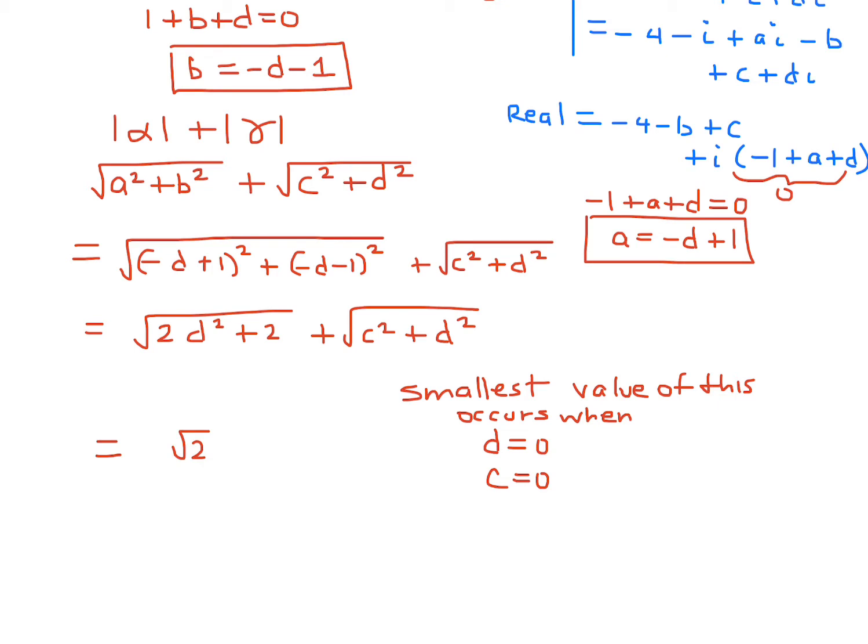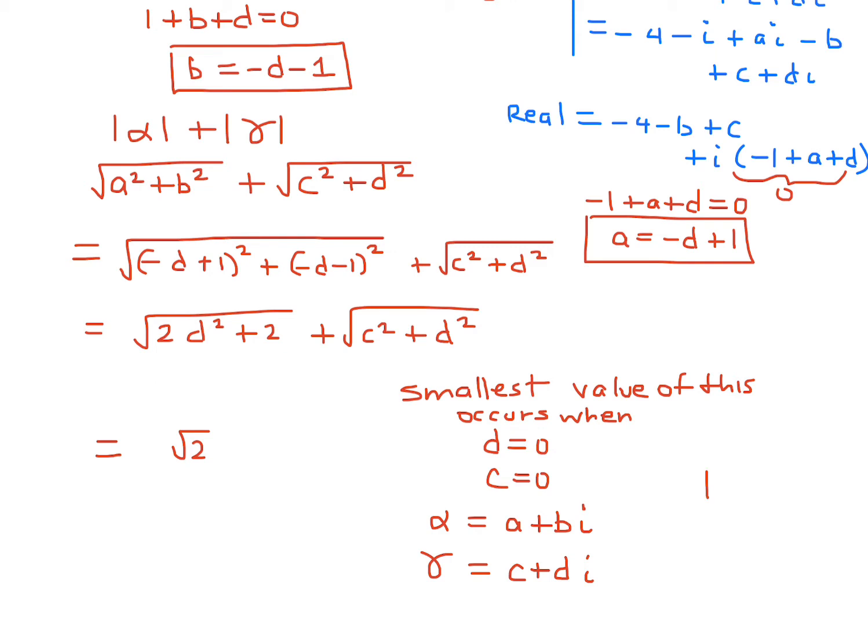That's it. And if you remember, if you go back and check out alpha and gamma, alpha was what? It was a plus bi, right? And gamma was c plus di. Well, we got to figure out a and b.